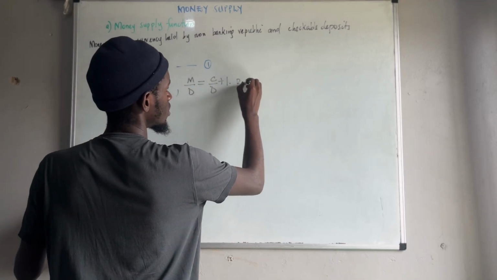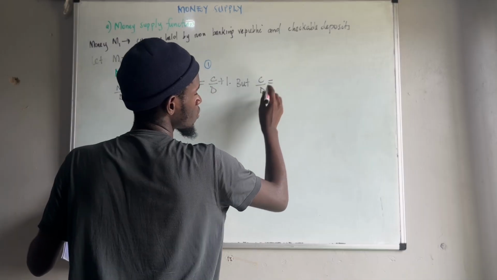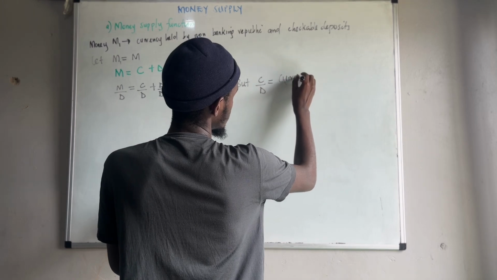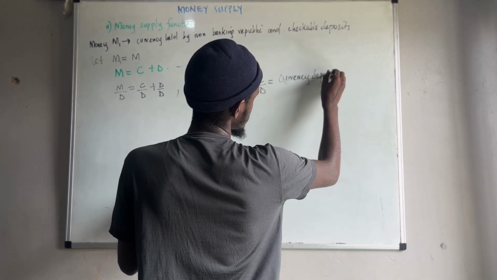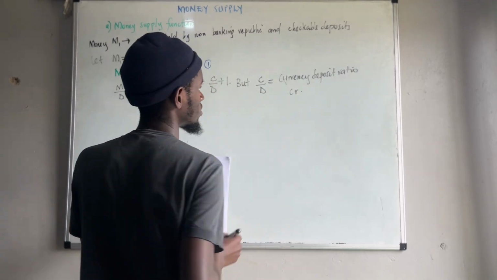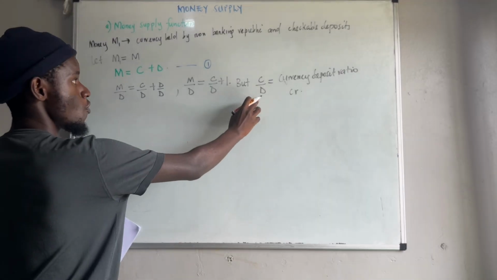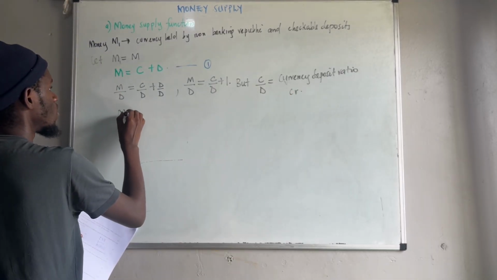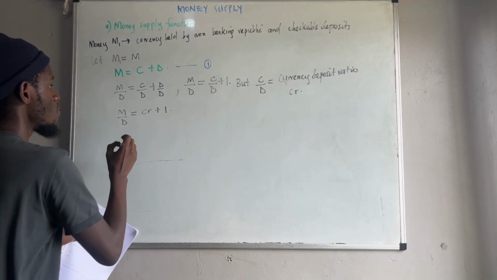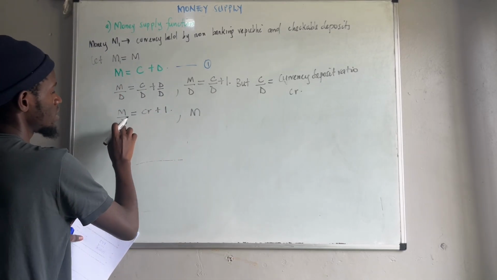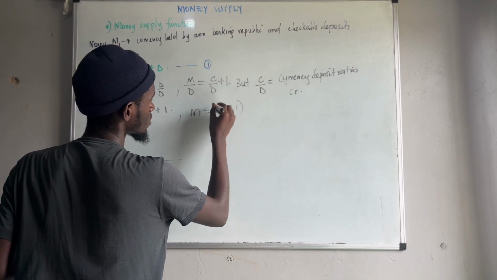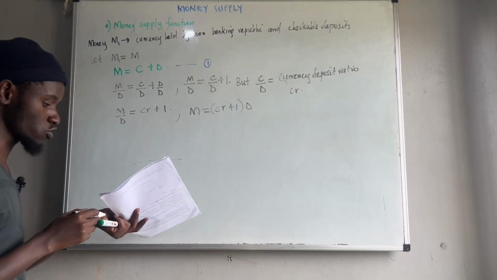But C over D is called the currency deposit ratio, and we shall name it CR. So M over D is the same as CR plus 1. Therefore, our M in terms of the deposits is M equals CR plus 1 times D. That's going to be our equation 2.